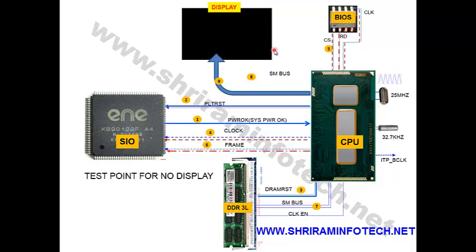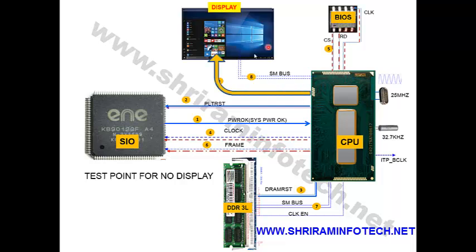This is a two-wire communication where he checks whether the display is there or not. If this signal is not responding, then the possible fault could be the display. Once the CPU and the display communicate, the CPU sends the data to the display and the display will appear. So in this way this signal process works.